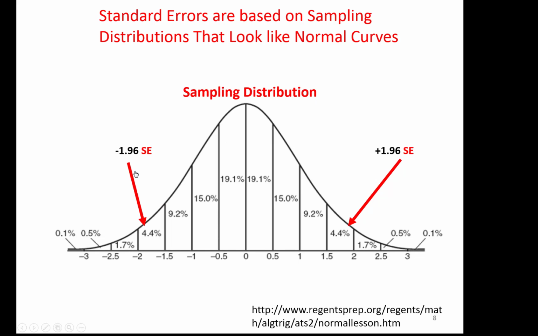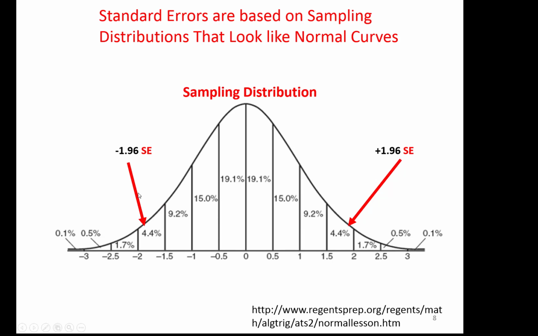And again, between minus 1.96 and plus 1.96 standard errors, that is considered the 95% of the values for a particular statistic, and this is the kind of thing that figures in confidence intervals.